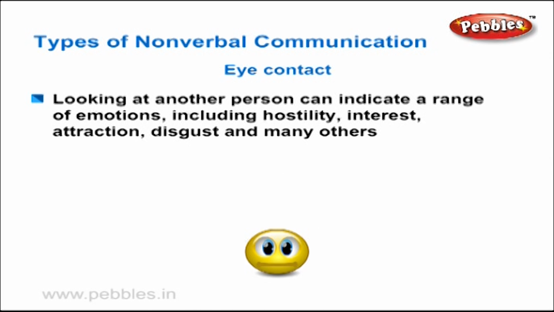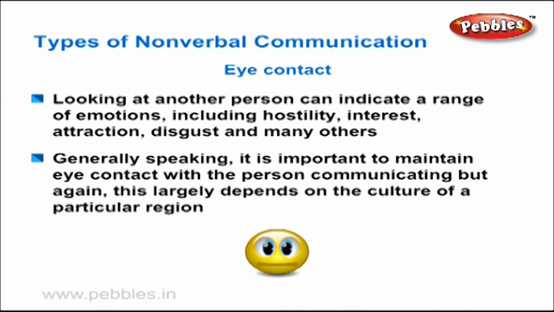Looking at another person can indicate a range of emotions, including hostility, interest, attraction, disgust, and many others. Generally speaking, it is important to maintain eye contact with the person communicating, but again, this largely depends on the culture of a particular region.